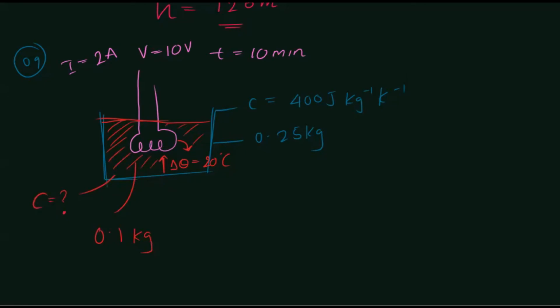So you need to basically understand how the heat transfer occurs here. When electricity passes through this electric coil, the heater, this coil gets heated up. So that heat energy is going to be supplied to the liquid and the calorimeter. The liquid and the calorimeter are going to absorb that supplied heat energy, right?